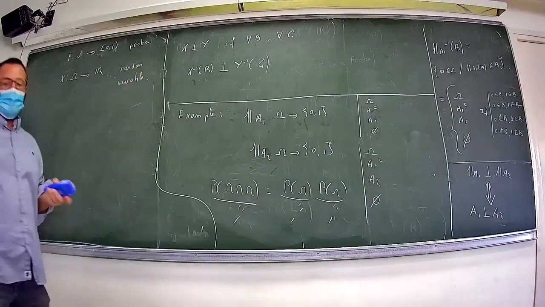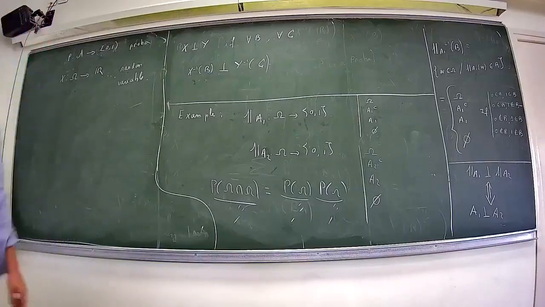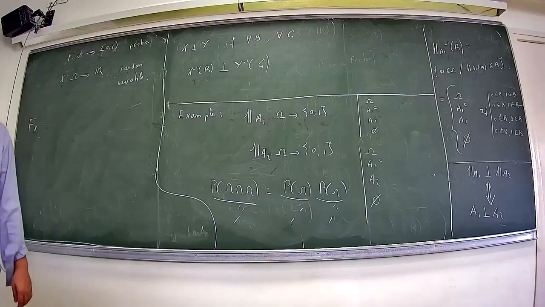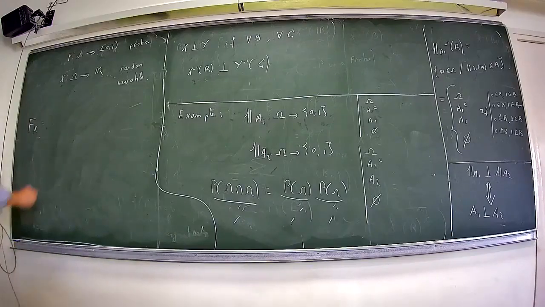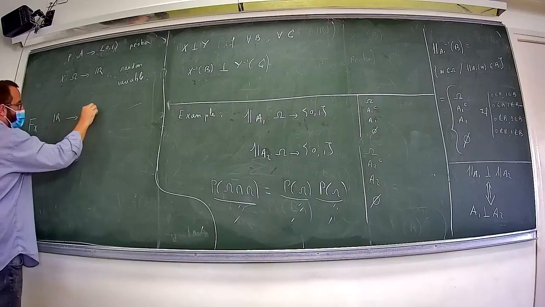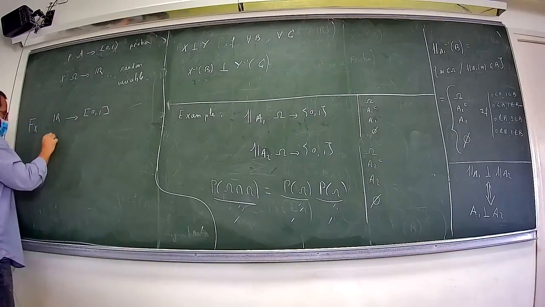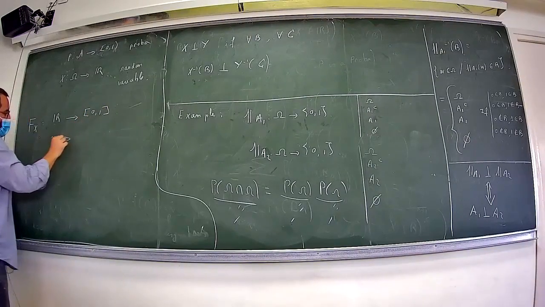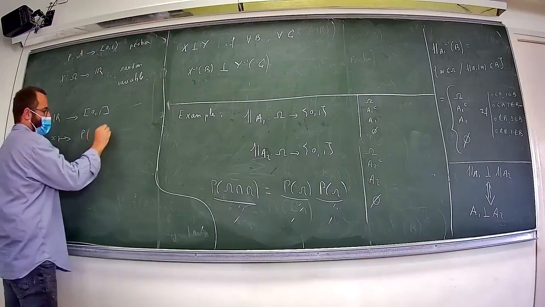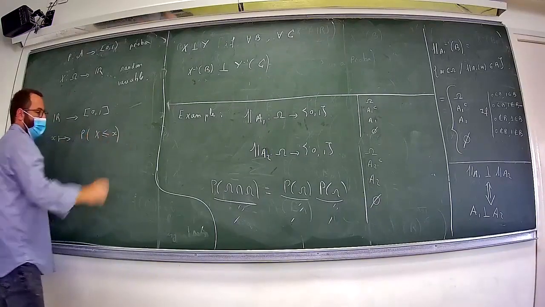And I define what we call the distribution function. Okay? So the distribution function F of capital X, related to my random variable, is a mapping from R into [0, 1] that associates to any real number small x the probability that X is less than small x.